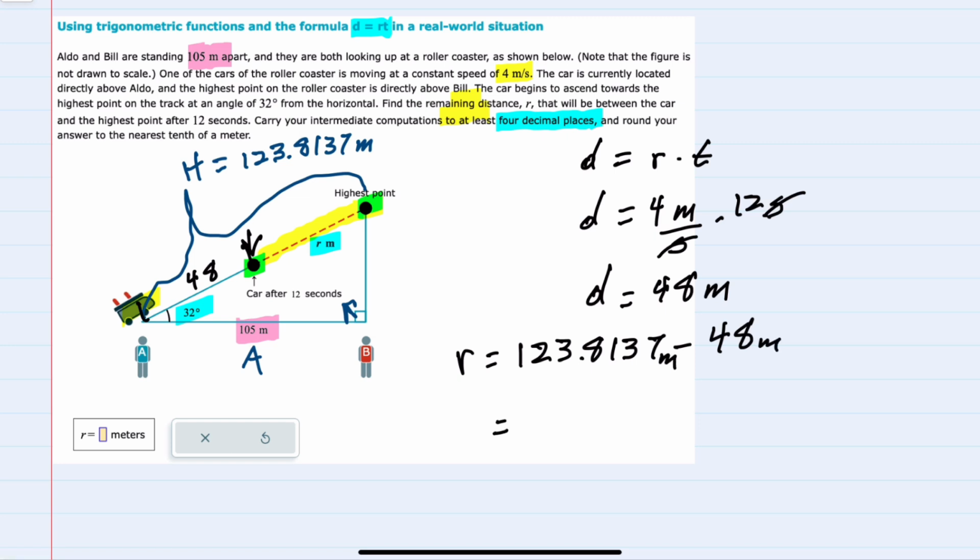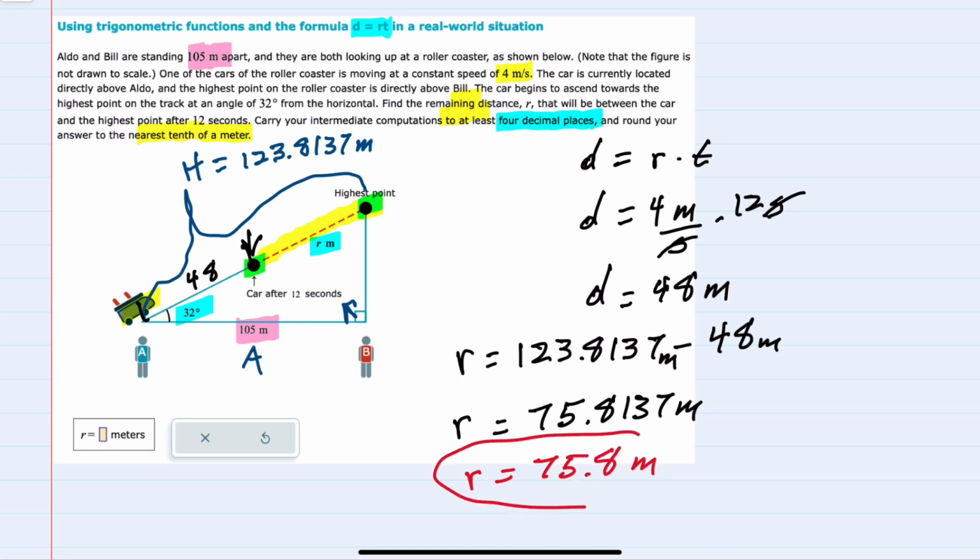Doing that subtraction gives us 75.8137 meters, but we were asked to round our answer further to the nearest tenth of a meter, so our final solution for that length r will be 75.8 meters as the remaining distance after 12 seconds.